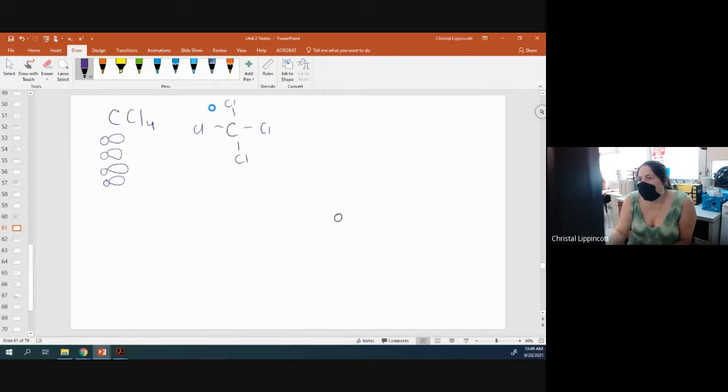It's going to have an sp orbital coming out here, here, here, and one coming out here. When I connect that with my chlorine, chlorine will also have an sp orbital, and they're going to overlap here, end to end. And then it's got these other ones out here that are going to have the lone pairs of electrons in them. So this is going to be a lone pair, lone pair, lone pair.